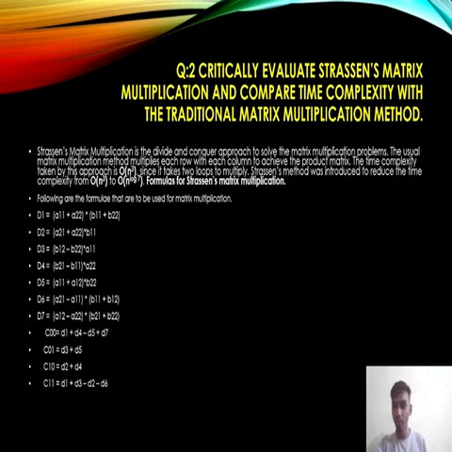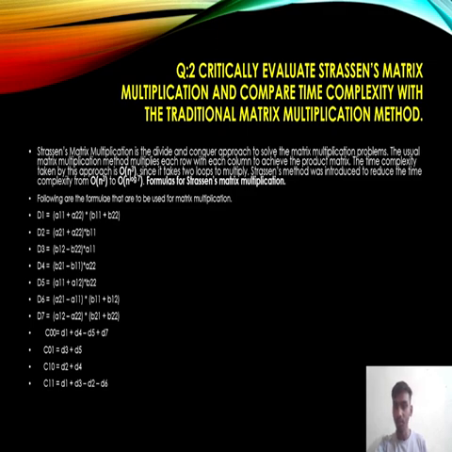D4 is equal to (B21 minus B11) into A22. D5 is equal to (A11 plus A12) into B22. D6 is equal to (A21 minus A11) into (B11 plus B12). D7 is equal to (A12 minus A22) into (B21 plus B22).